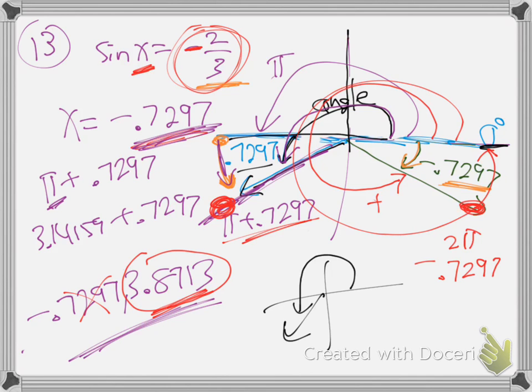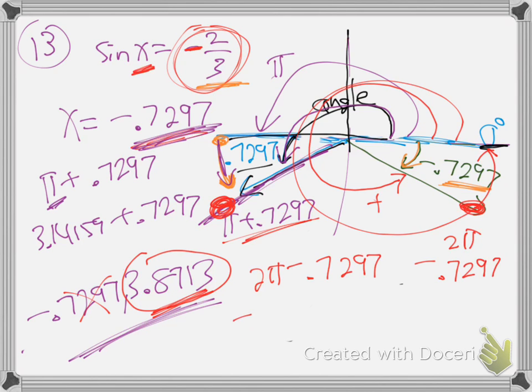That's right. So it's going to be 2 pi minus 0.7297. Hit the buttons on your calculator. So use the pi button again. I'm getting 5.5535. Is that what they got?